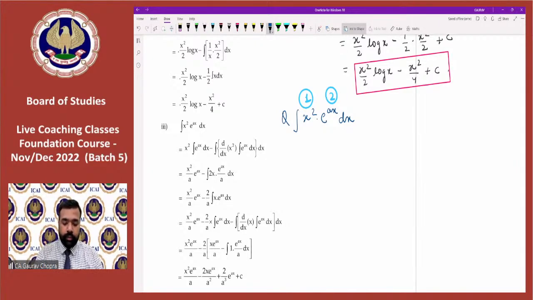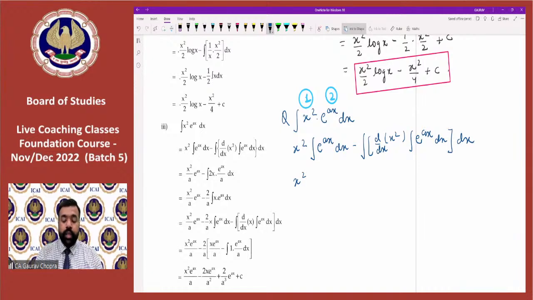X square, then integration of e to the power of ax dx minus integration d by dx of x square and e to the power of ax dx. Now what will happen?